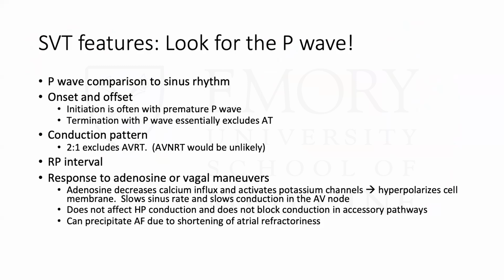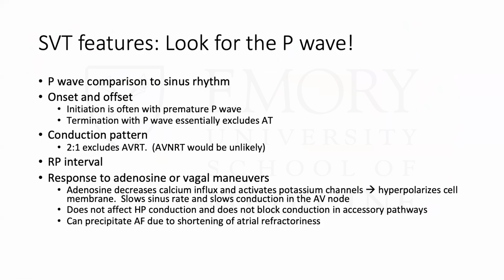Sometimes the tachycardia is sinus tachycardia, and so it's important to identify the P wave compared to the baseline. You don't always have that luxury, but we often do. Looking at the onset and offset of the tachycardia is helpful. The initiation is often with a premature P wave, and so again, that's leading to block somewhere, which allows for the reentrant tachycardia to ensue.